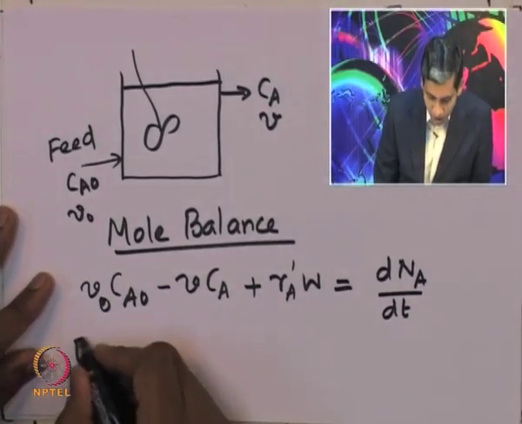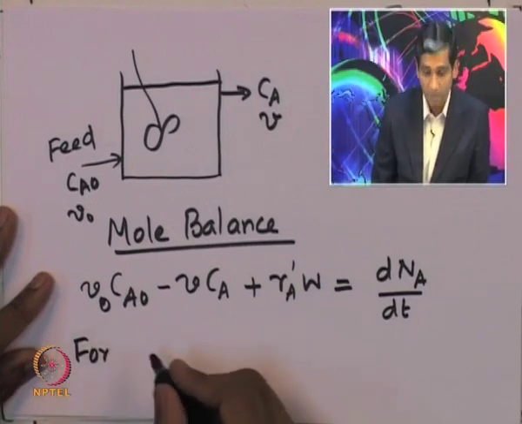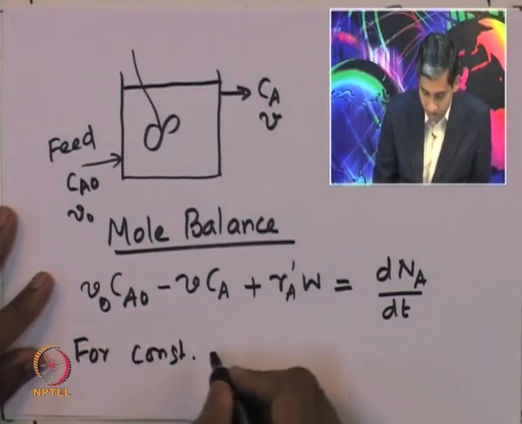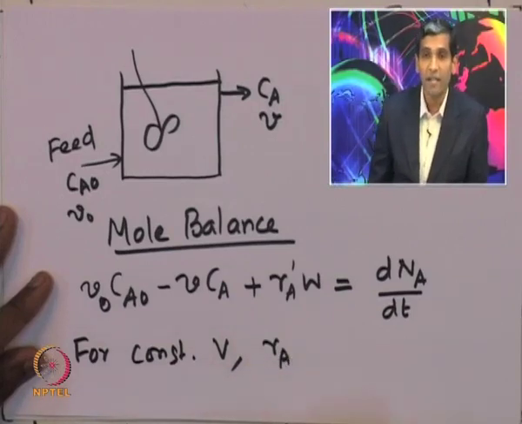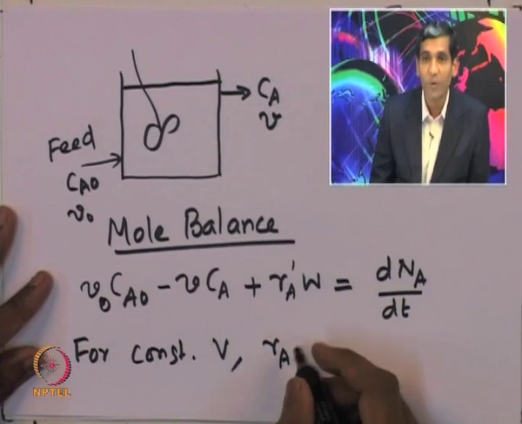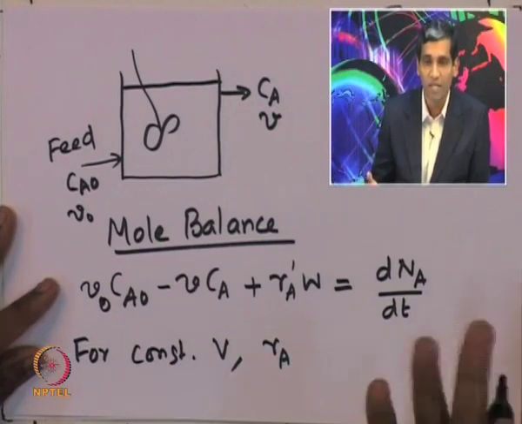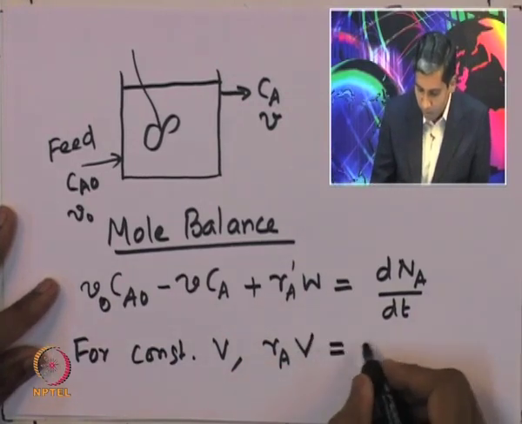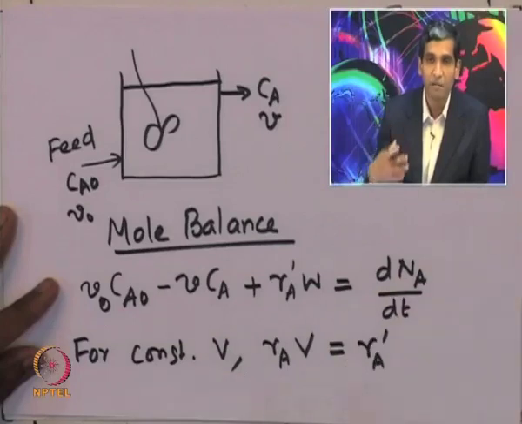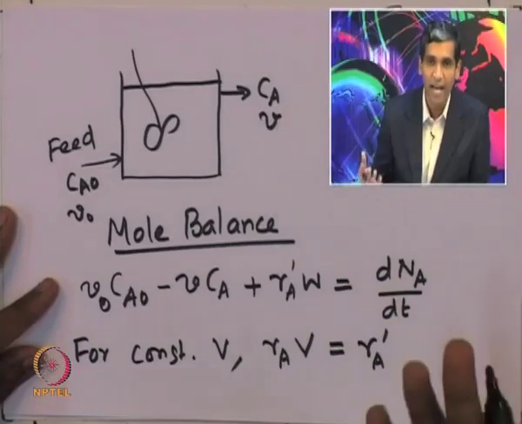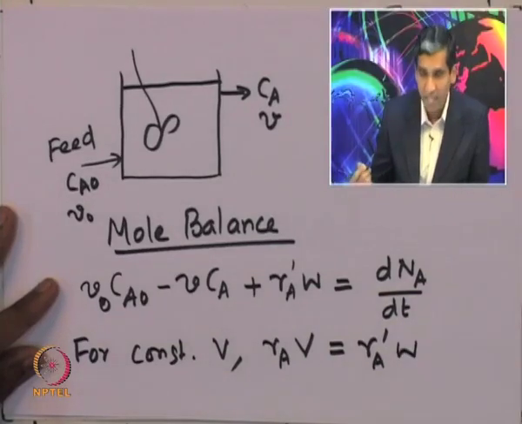Now, for constant volume, which is true for a CSTR, the rate defined in terms of the volume, that is moles per unit volume per time, multiplied by the volume, should be equal to the rate defined in terms of the catalyst weight, that is the moles of A reacted per gram weight of the catalyst per unit time, multiplied by the weight of the catalyst.